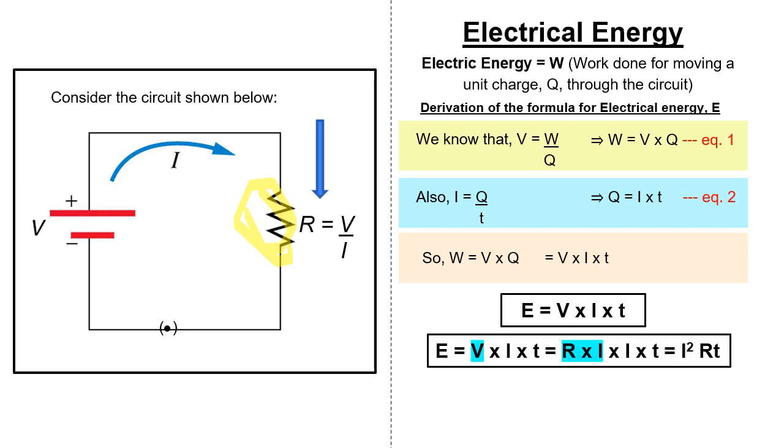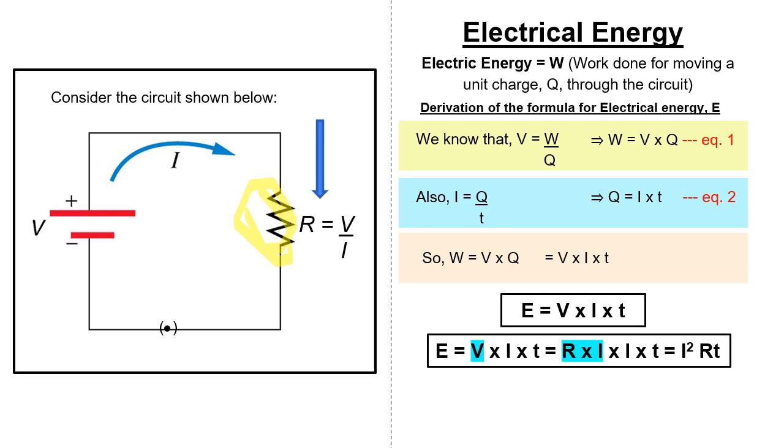So here we go. Electric energy becomes V into I into T. That is the same formula as above. And now I'm replacing V by I times R. Can you see here? If I isolate V, then it becomes I times R.